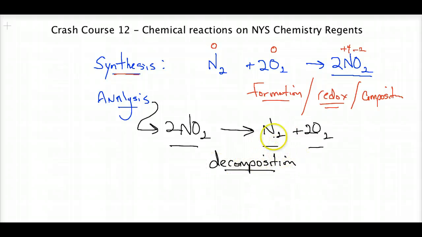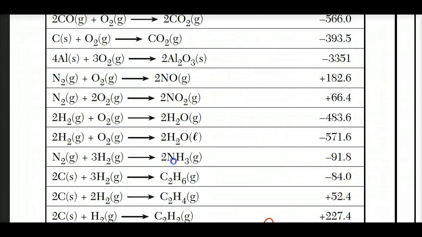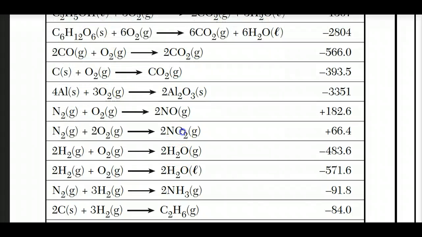Now, a nice place to look where these reactions will occur is table I. If we look at table I, in the middle of table I, we have a bunch of synthesis reactions, or redox reactions, or formation or composition reactions. And my friends in chemistry, elements are making compounds, and the reverse of these reactions are decomposition or analysis.